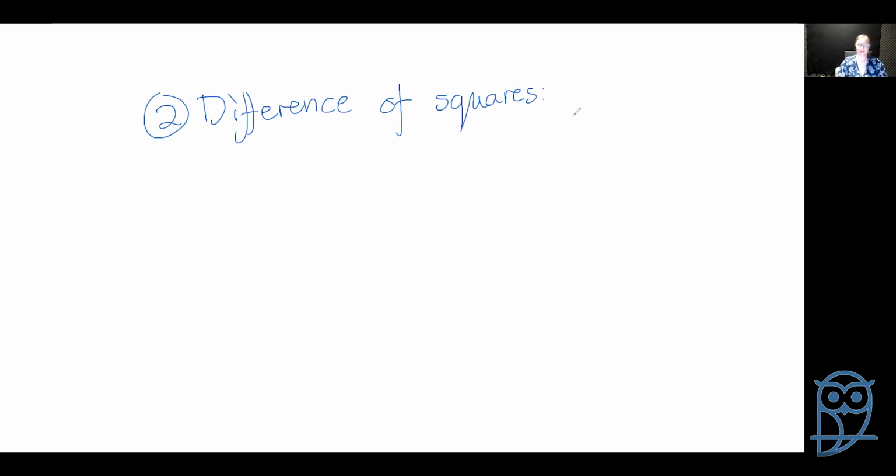We have some kind of something over here, which is squared, and then we have a minus, and then we have something over here, which is squared. Okay, if you look for that pattern, then you can use this method to try and solve these. So we have n squared minus 49. So this n squared, that's a square, and 49 is 7 squared. So we have n squared minus 7 squared.